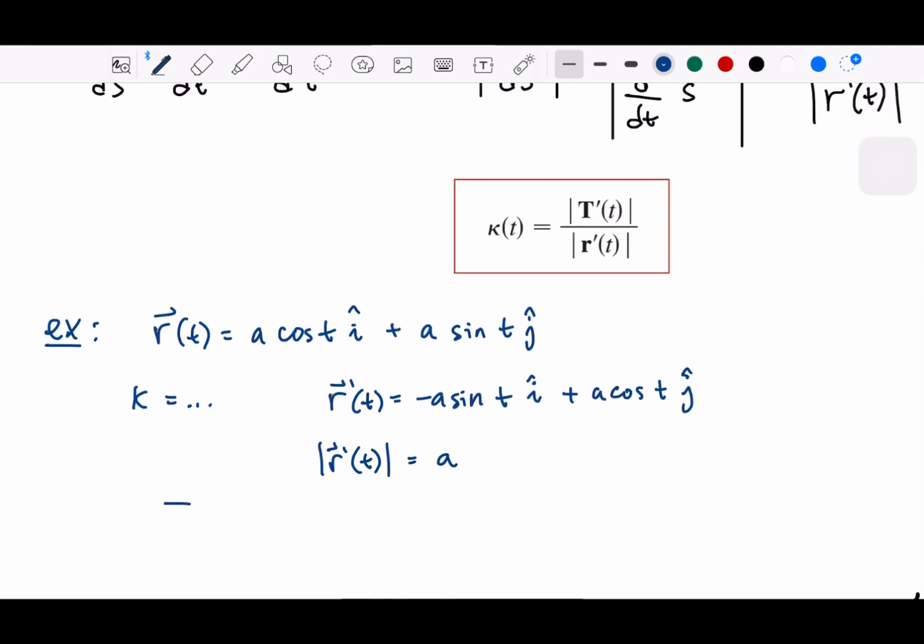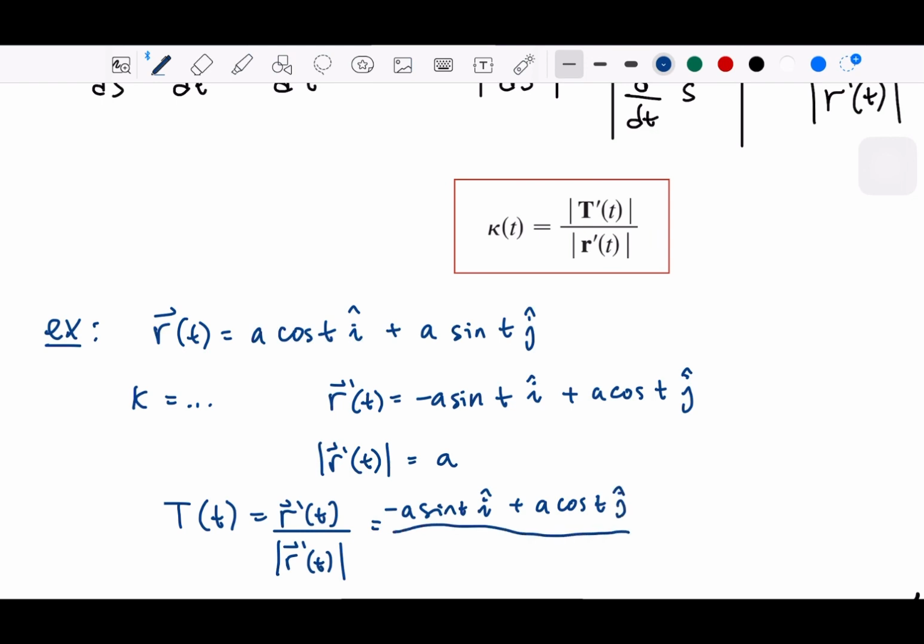And then take the unit tangent vector. This is going to be r prime t, divided by its magnitude value. So basically this is going to be a times negative sine t i plus cosine t j, divided by a.